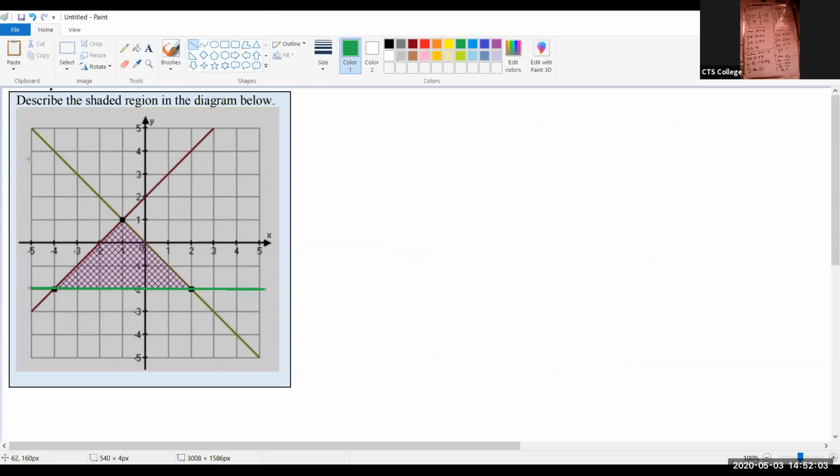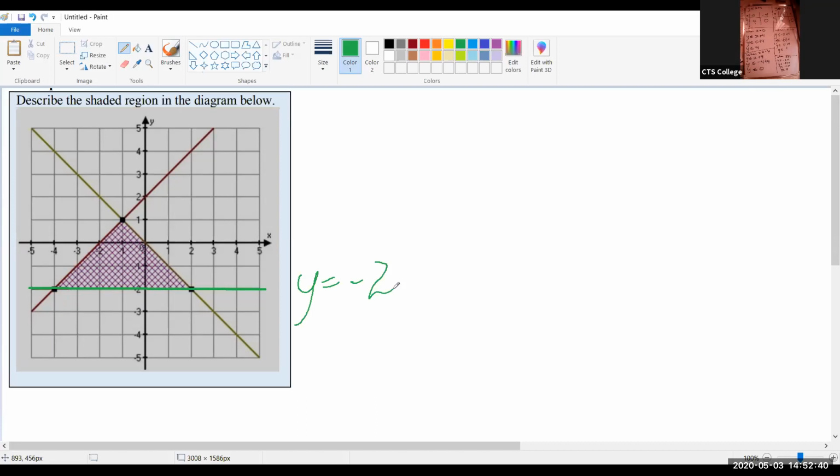So what is the equation of that particular line? Which axis is it passing through? The y-axis or the x-axis? The y-axis. Right. So y is equal to what? -2. Correct. So we found the equation of that particular line to be y is equal to -2.